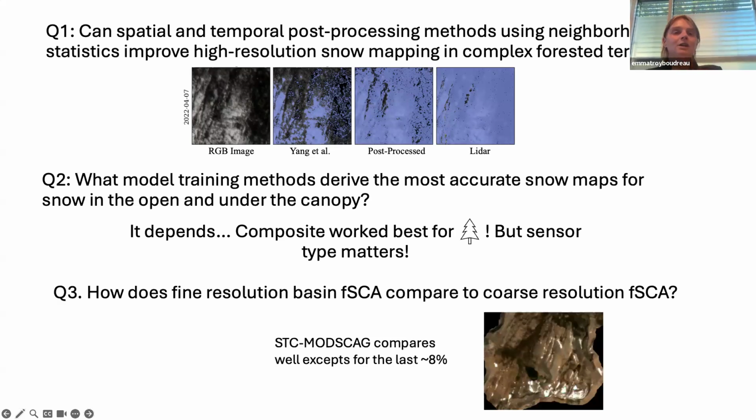And then question 3, how does fine resolution basin FSCA compare to coarse resolution? For the most part, they followed that one-to-one line, and so they compare pretty well, except for that last 8%, where we see this PlanetScope image has bright snow features when MODSCAG is saying there's no snow left.